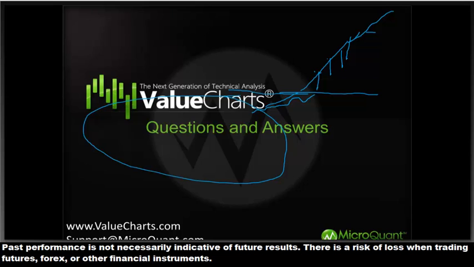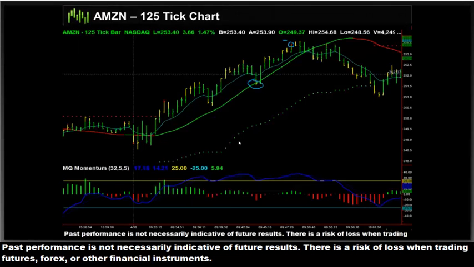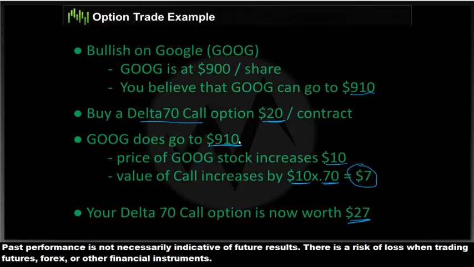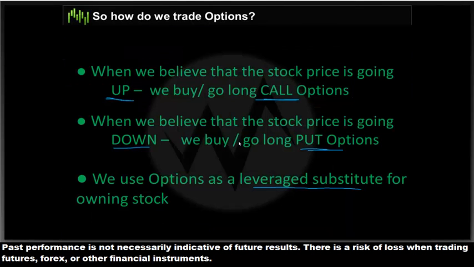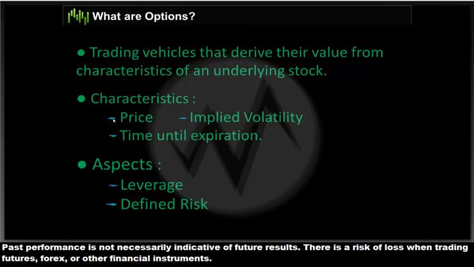With the leverage of options, it's similar, but because of the number of different aspects that go into an option, let me see if I can go back to that slide. There is the price of the underlying, and that is delta. That's the feature of the option's price. Implied volatility, and that is vega.